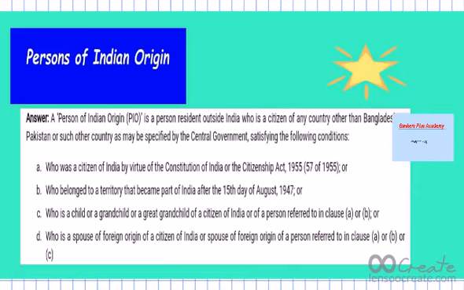First one, who was a citizen of India by virtue of the Constitution of India or the Citizenship Act 1955, or who belonged to a territory that became part of India after the 15th day of August 1947, or who is a child or a grandchild or a great-grandchild of a citizen of India or of a person referred to in clause A or B, and also who is a spouse of foreign origin of a citizen of India or spouse of foreign origin of a person referred to in clause A and B given above.